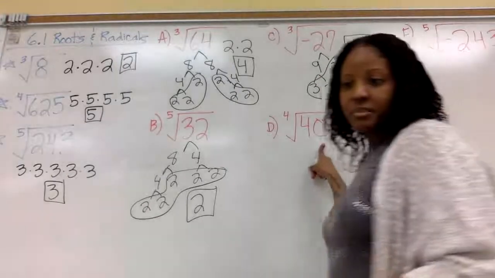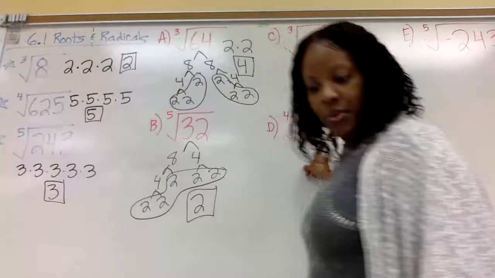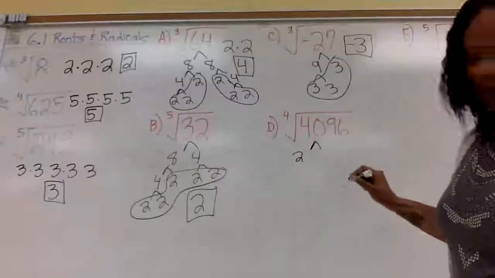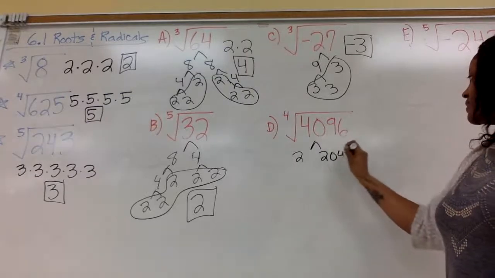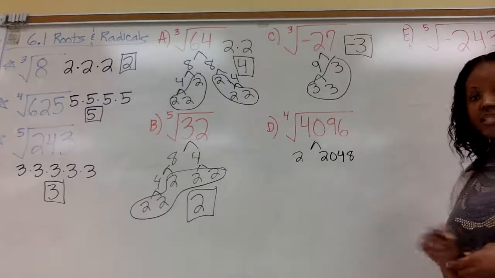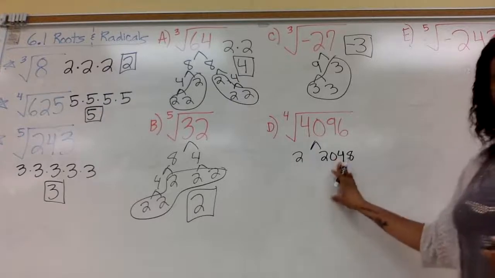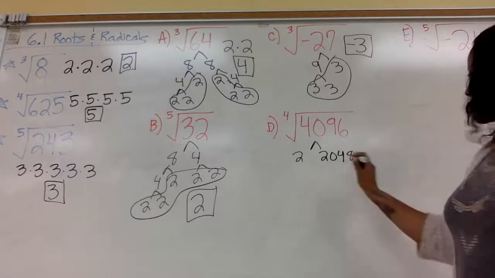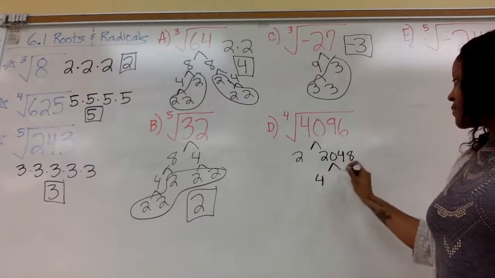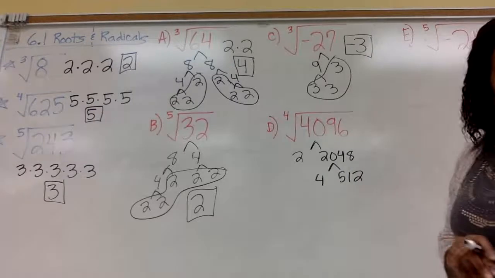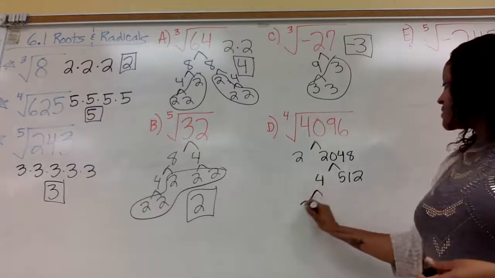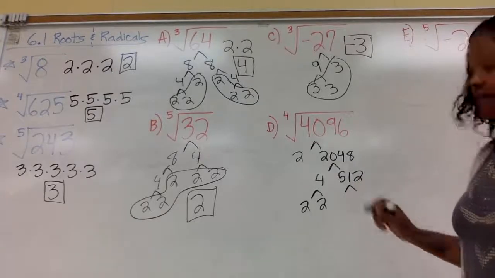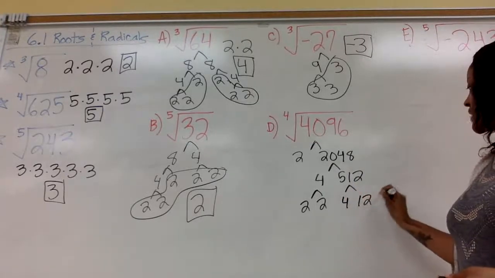D, so this is a really big number. So I started my factor tree with 2 and 2048. Okay, so that was a really big number. I started with 2 times 2048, just because I knew it was an even number, it's divisible by 2. So if I keep going, then I broke this down into 4, 512. Break this down. This is 2 and 2. Break 512 down into 4 and 128.